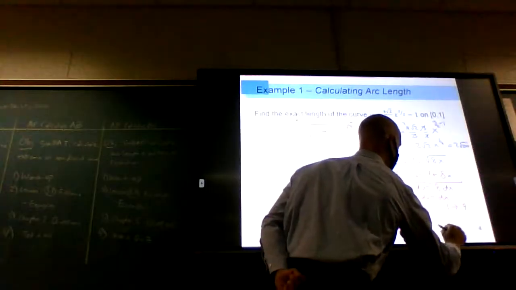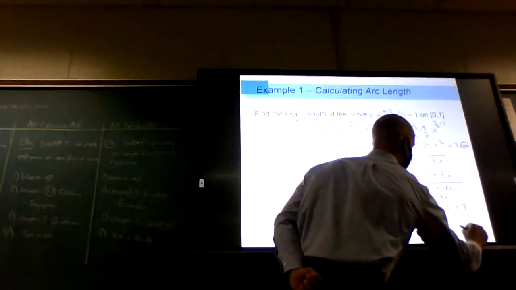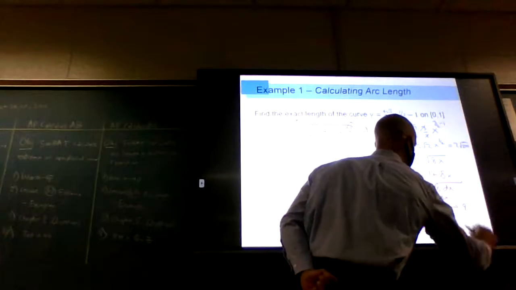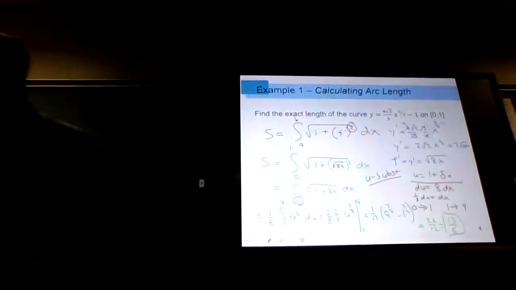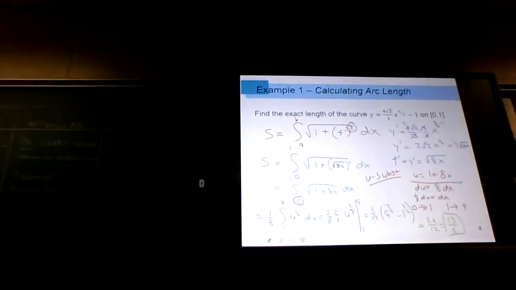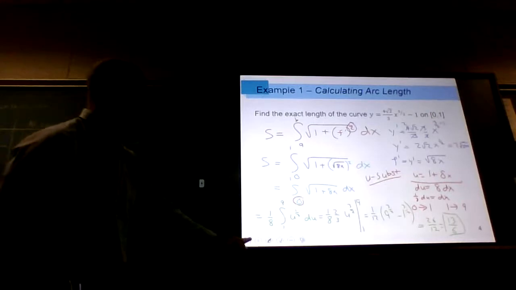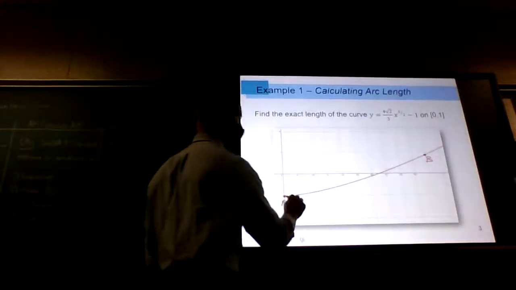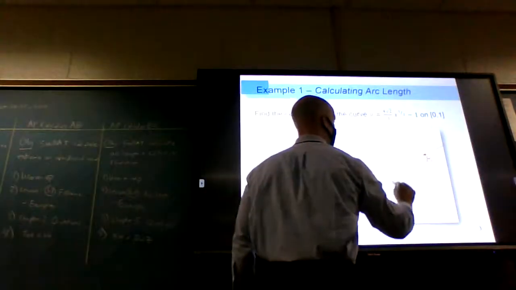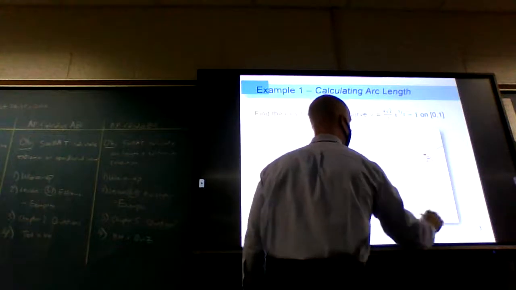So you get 26 over 12 or 13 over 6, I think. Yes, looks good. So the exact length of this curve from here to here is 13 over 6.